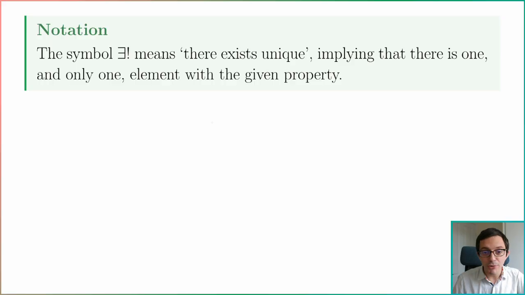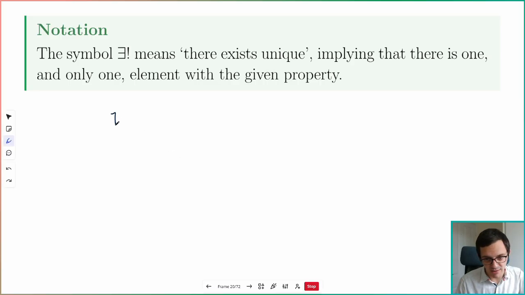Okay, one more. There's a variant of there exists where people put an exclamation mark immediately after the symbol to say there exists unique, which means that there's one element and only one element with the given property.